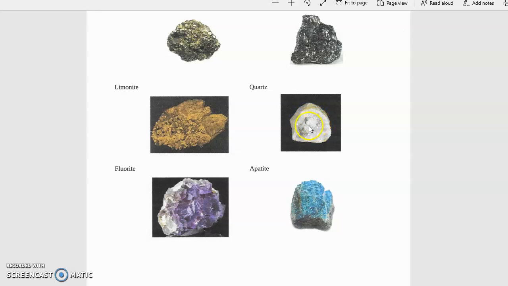It is white and pink in color. It is vitreous in terms of its luster. And when you grind it up, it will just be white, as you would expect from something that is essentially just silicon dioxide. The hardness of quartz is a 7, so it's way up there in terms of hardness.